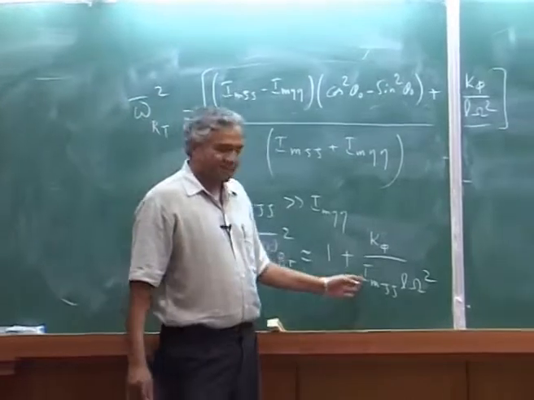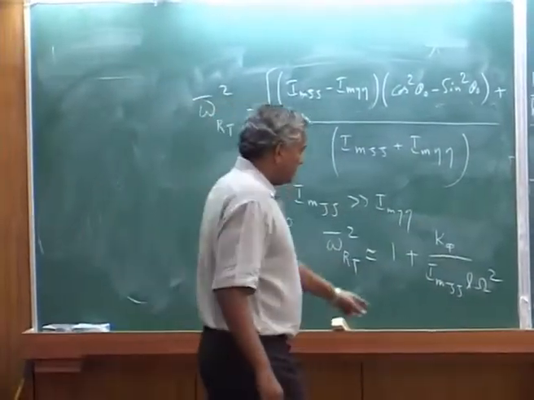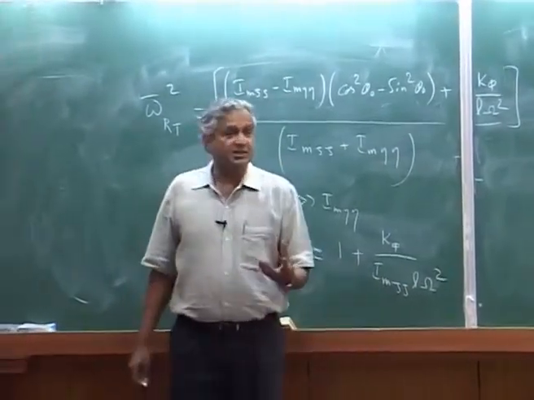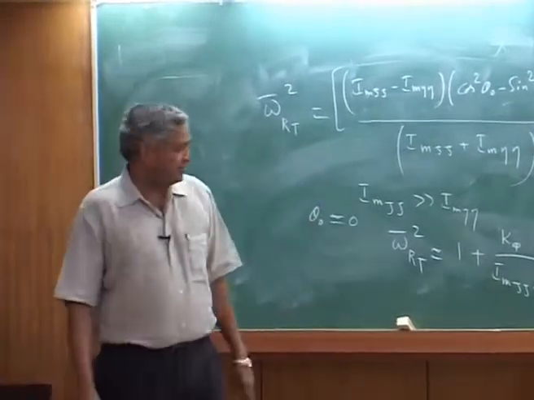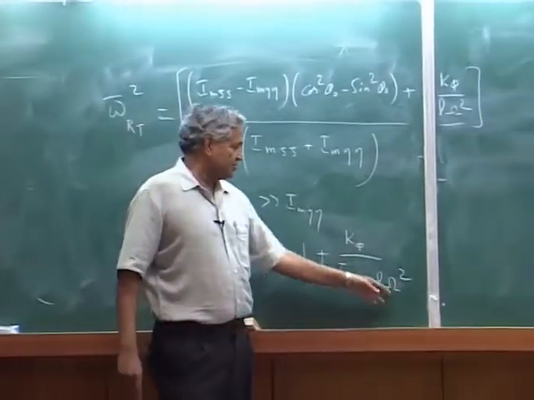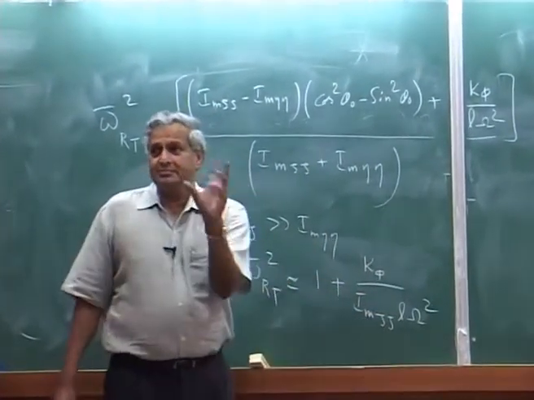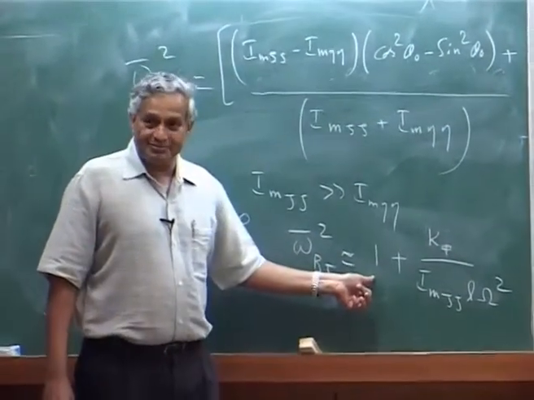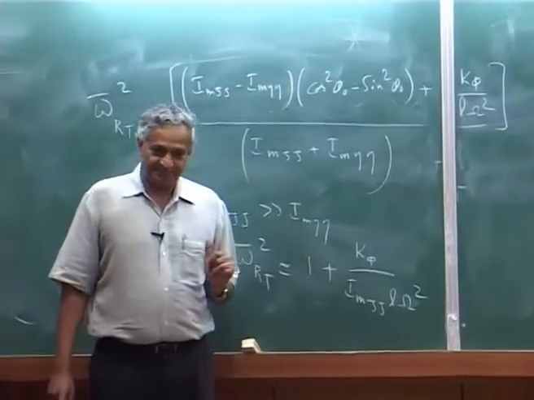That means you can take this as the blade torsional inertia, because I took this as constant L into this will be torsional inertia of the blade about the quarter point, and you have non-dimensionalized with respect to omega square. This is like a simple torsional spring, and this is due to inertia, 1 plus something.